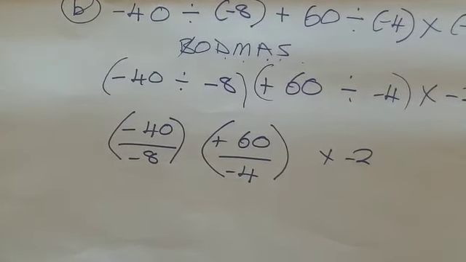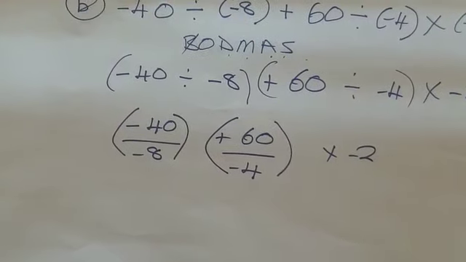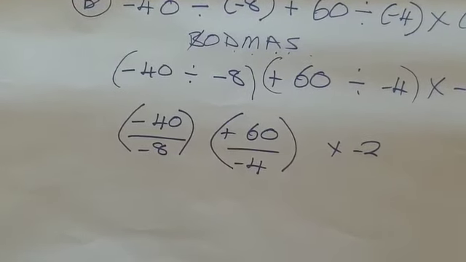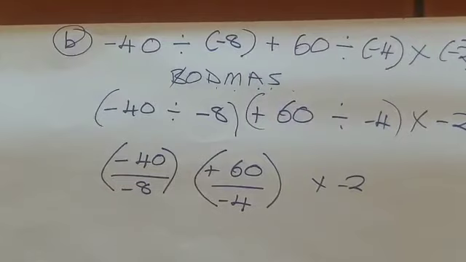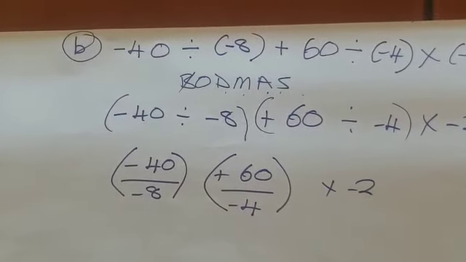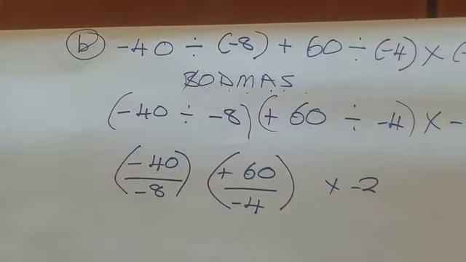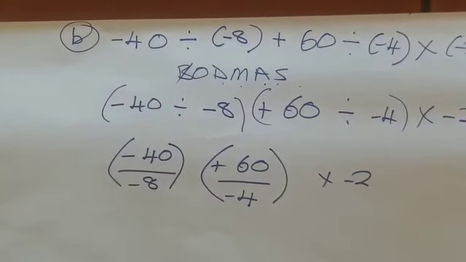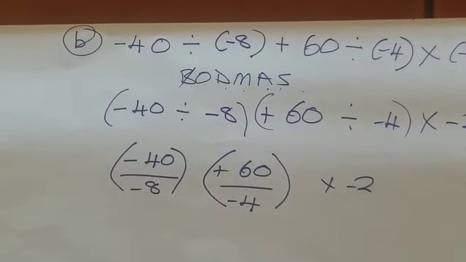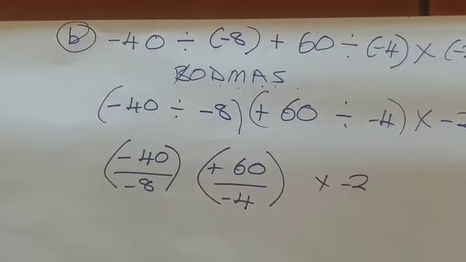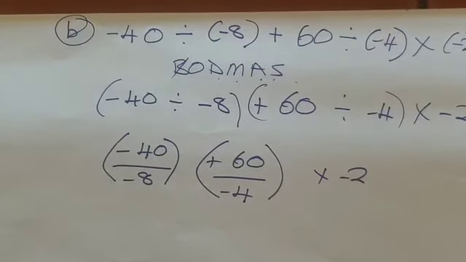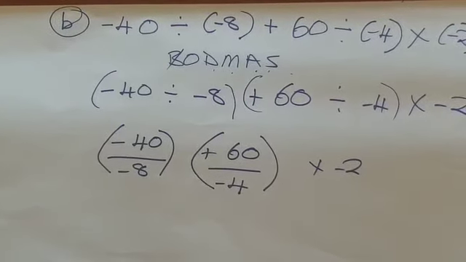When you are dividing two numbers with the same sign, the sign we are going to have in the answer is positive. When you are dividing two numbers of different signs, automatically a negative sign will be produced, or the answer is going to carry a negative sign.